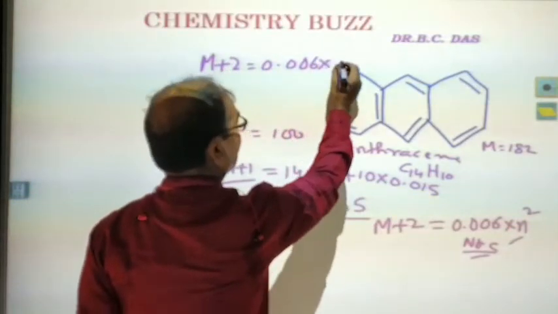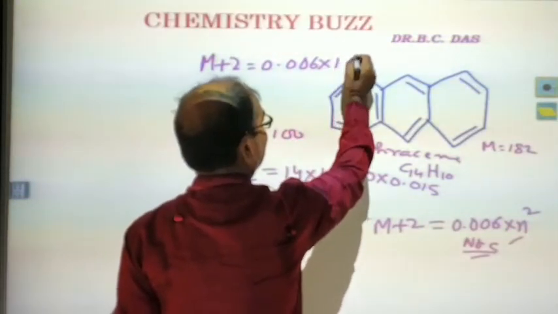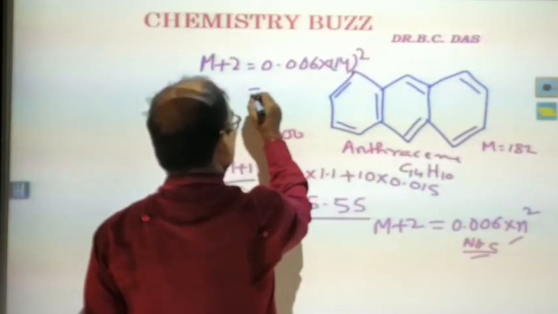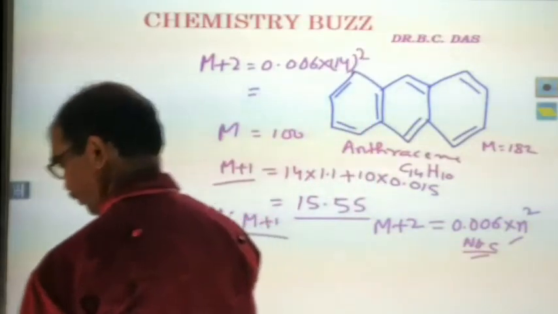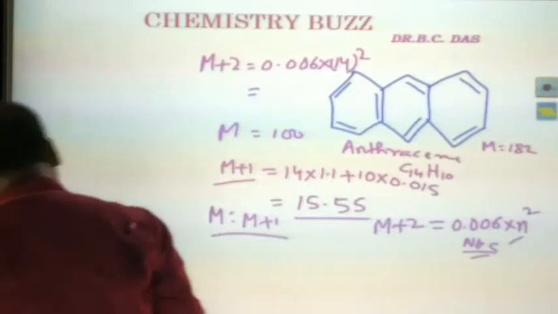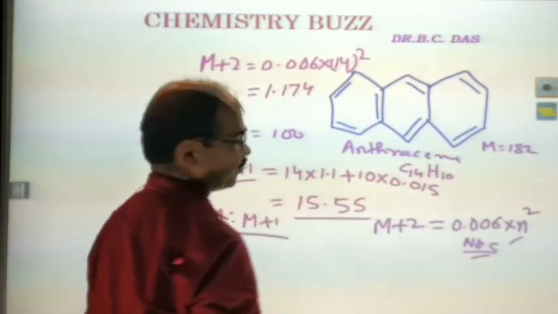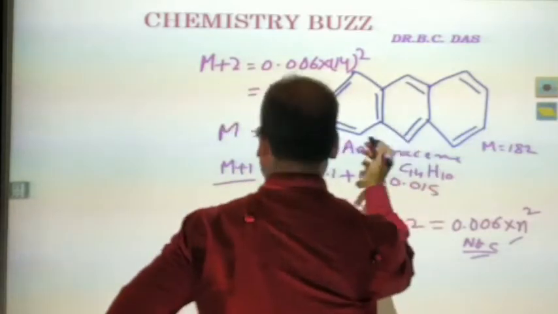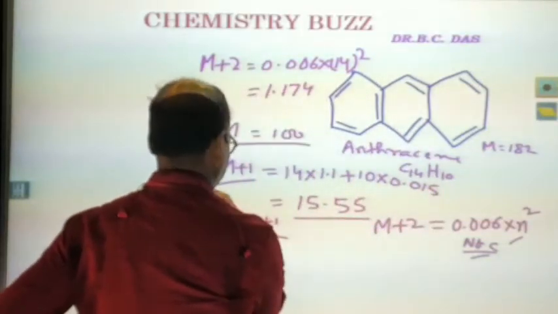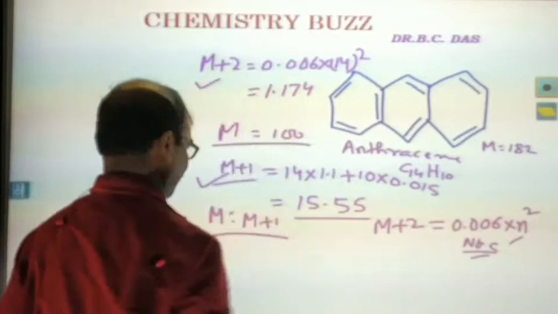The M plus 2 peak intensity that we calculate is 0.006 into 14 square. So this will come around 1.174. Okay, so now we have the M plus 1 and M plus 2 ratio.